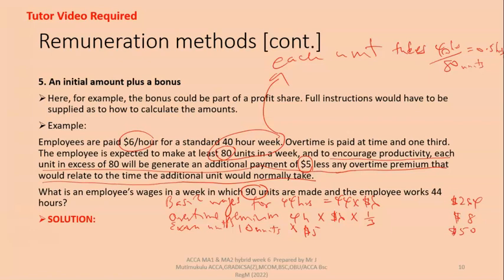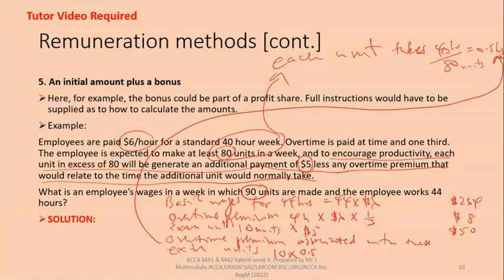All right, then the overtime premium associated with these extra units is equal to 10, the 10 being the extra units, multiplied by 0.5, because we are told here that each unit takes 0.5 hours, so that's 0.5 hours multiplied by the time and a third rate of $6 and a third.